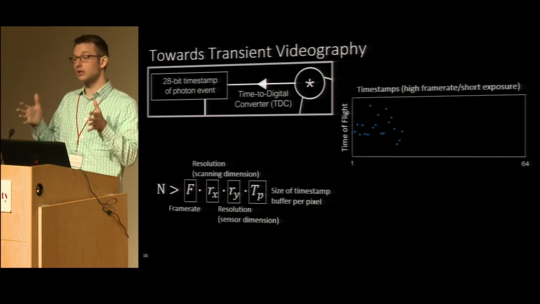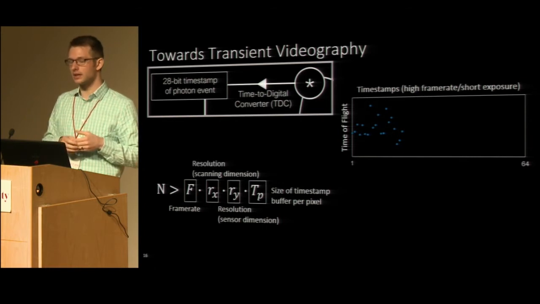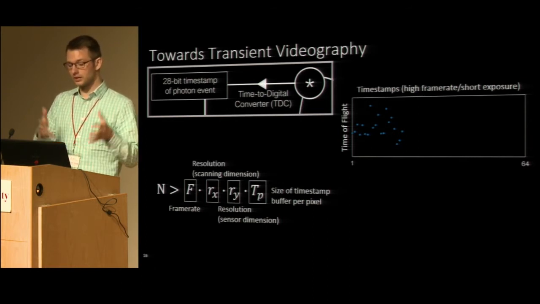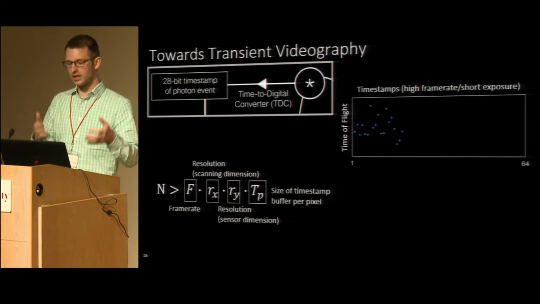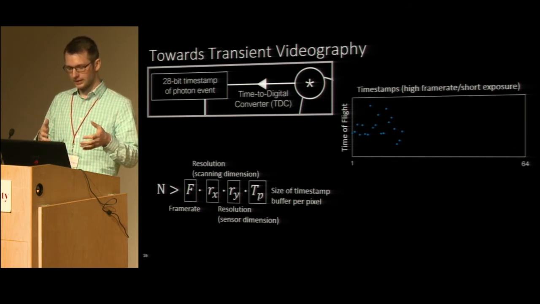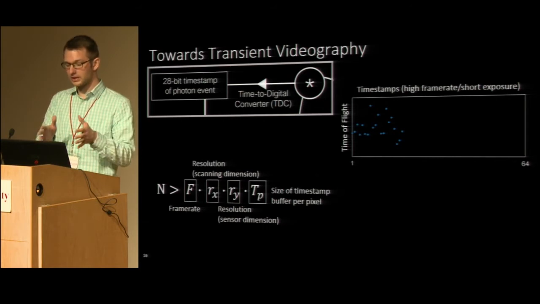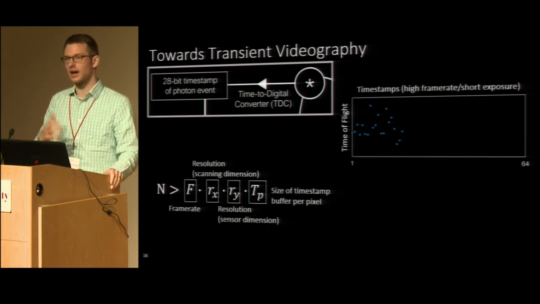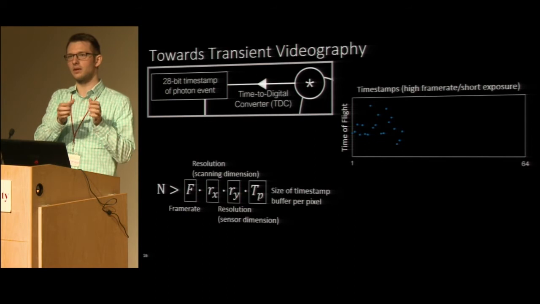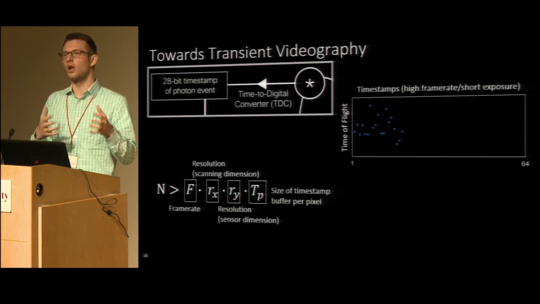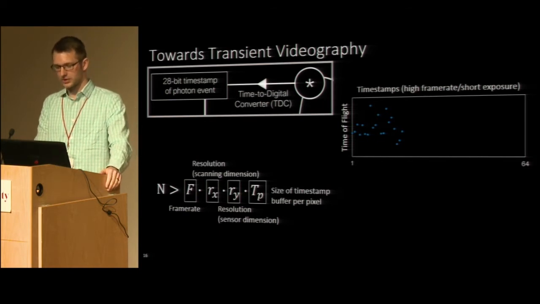We can decrease the number of timestamps that we read out at each spatial location, and then increase the frame rate or the resolution, but since we're reading out a lower amount of signal, the quality of the transient image is going to be reduced.